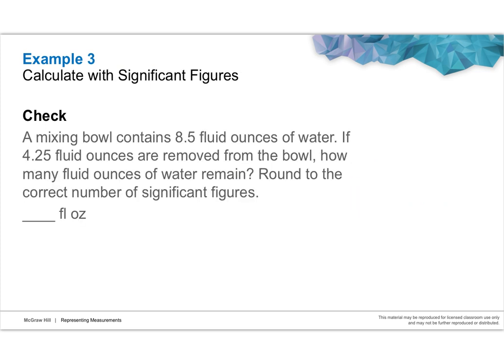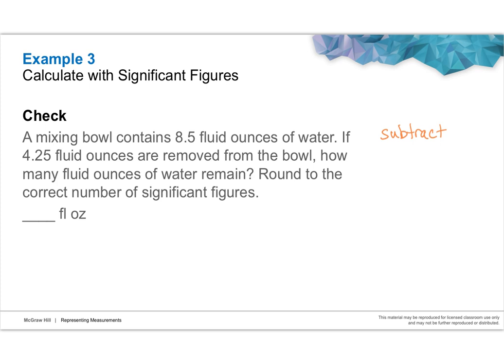In our check for example 3 on page 139, we are dealing with a mixing bowl that starts with 8.5 fluid ounces, and we are removing 4.25 fluid ounces. So of course this is a subtraction. And so we're going to use the rule for subtraction that a calculation can't have more digits than either of the original numbers.